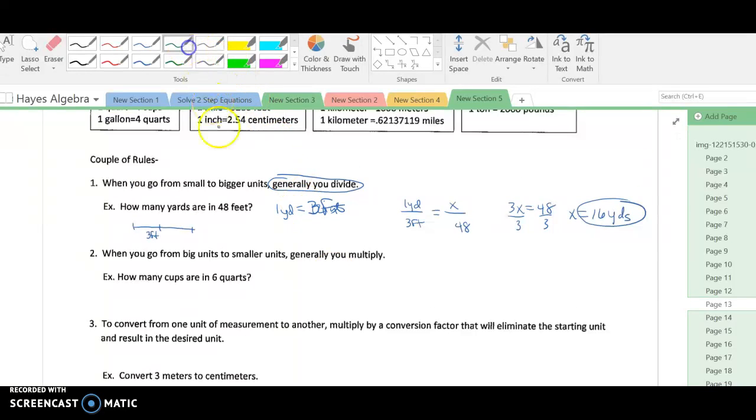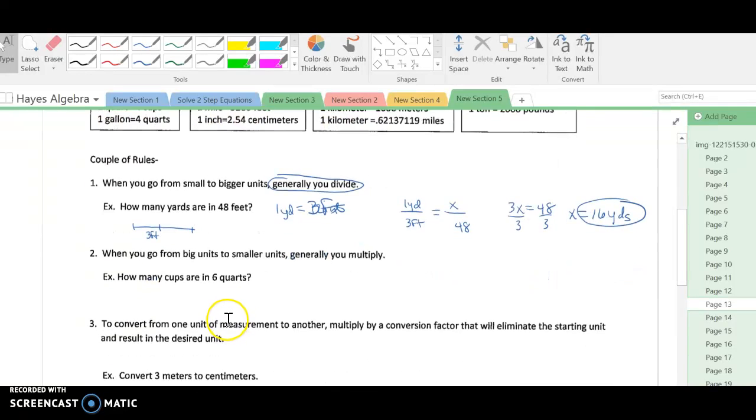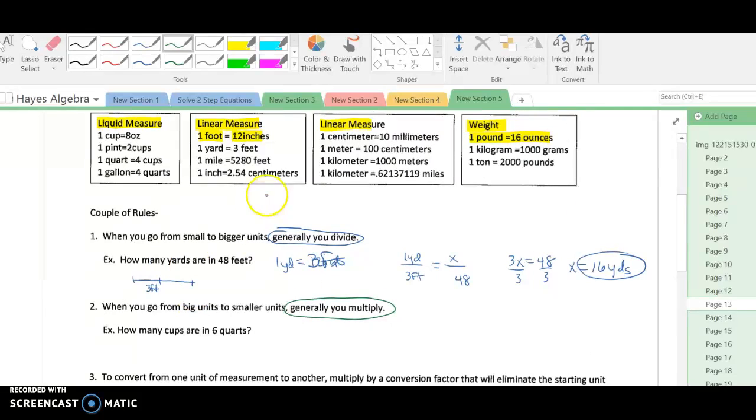Now, what happens if we go from a big unit to a smaller unit? What we mean by that is we know 1 gallon is bigger than a quart. So that means we're going from a big unit to a small unit. And when we do this, generally you multiply. So how many cups are in 6 quarts? Well, 1 quart is equal to 4 cups.